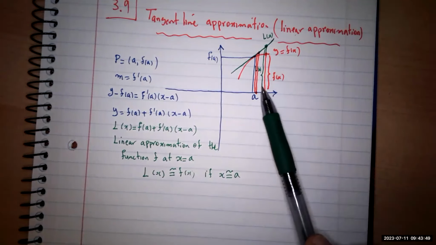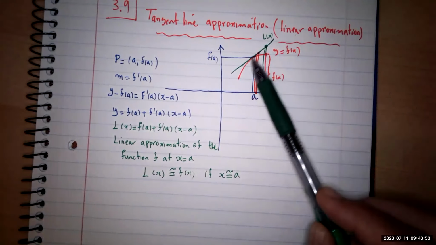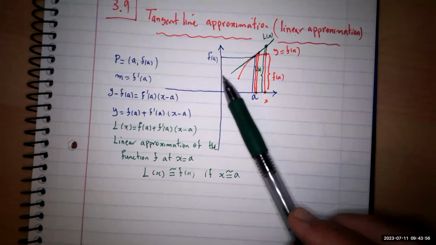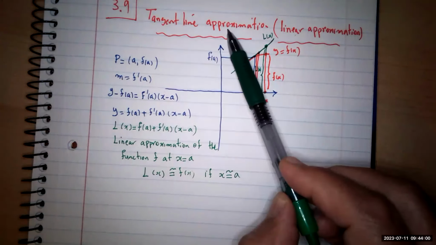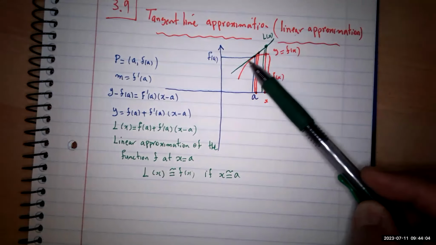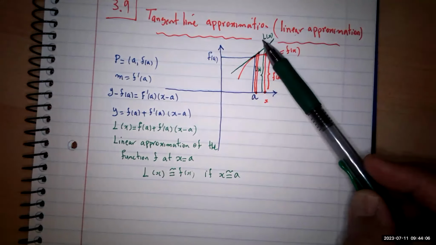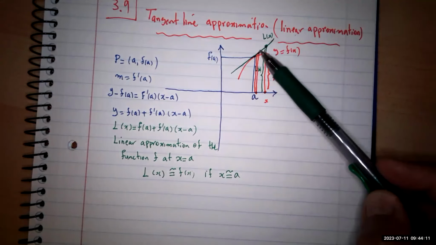So as your x gets closer and closer to the a, your graph becomes the tangent line, if you like. That's why we call it tangent line approximation. We call it linear because you have a curve, then you can estimate it by a linear line. And that would be so useful in application in science.